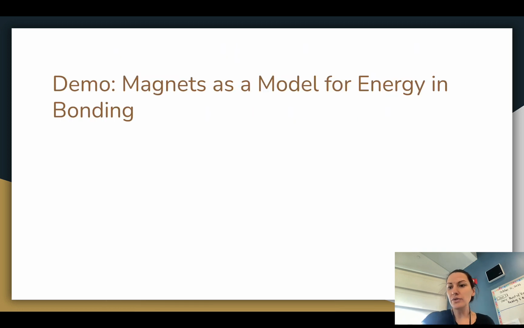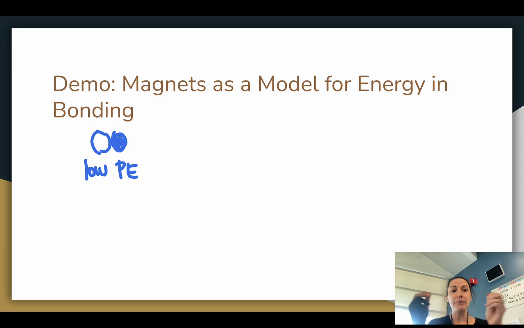So I like to do this demo here. I've got some magnets, and these are going to represent molecules in a bond. It's a little bit of a stretch, but it's a good one. So if we think about two atoms that are bonded together, these would have a relatively low potential energy, okay?